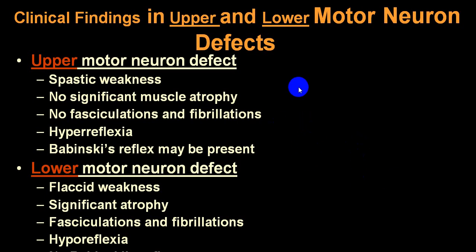The upper motor neuron type of damage is more common if there is a damage close to the spinal cord. So if there is a damage close to the spinal cord and in the spinal cord, then only will we come across the upper motor neuron variety of damage. In that case, we will have spastic weakness, no muscular atrophy, no fasciculation, hyperreflexia, and the plantar will be extensor, or what we call Babinski will be present.